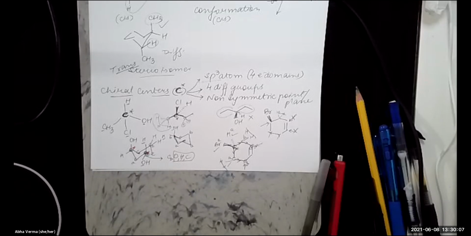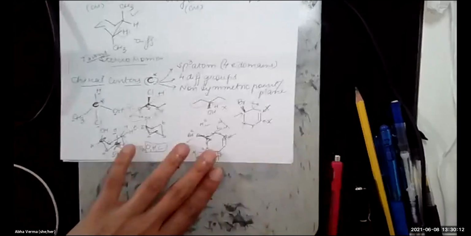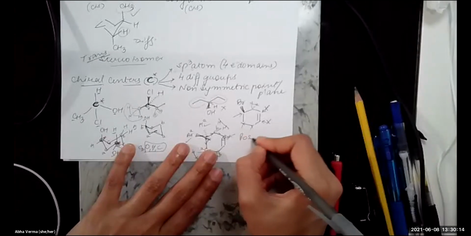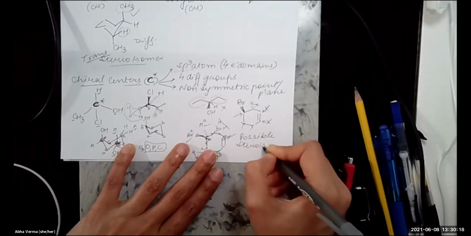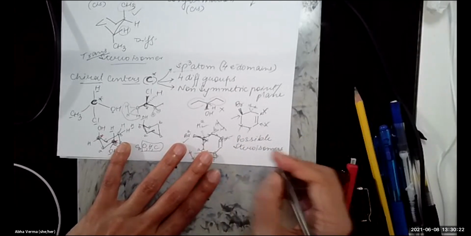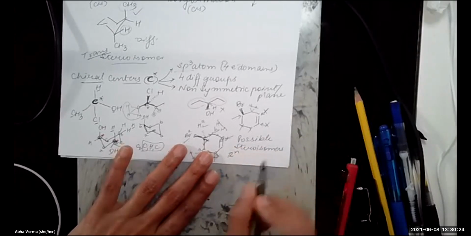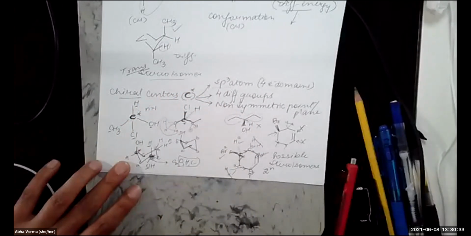Okay. Now with each chiral center, there are possible stereoisomers. How many stereoisomers are possible for a chiral molecule? If I have a molecule like this, how many chiral centers do I see? I see only one chiral center.